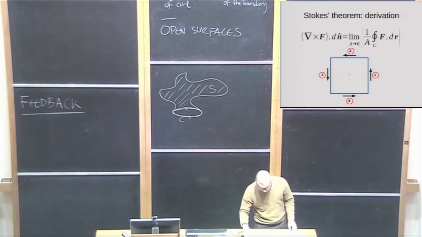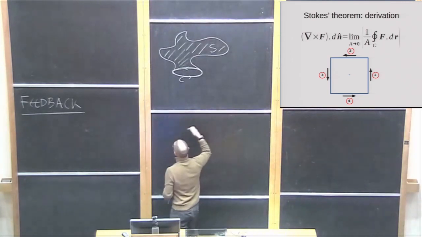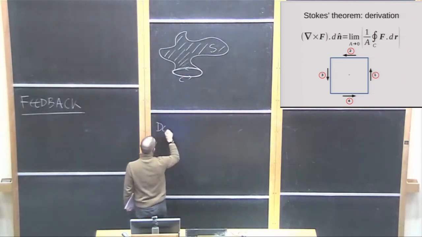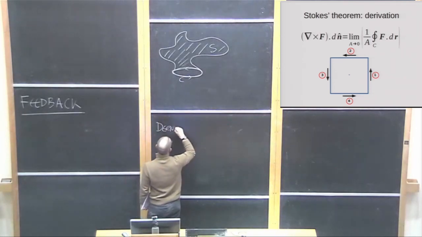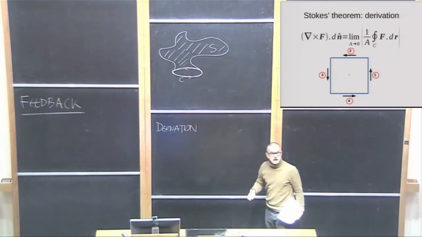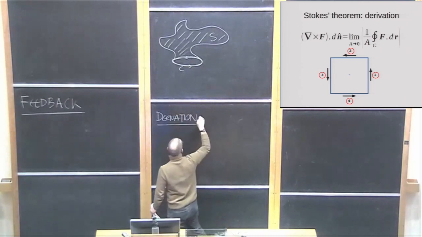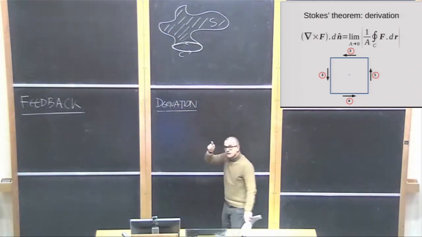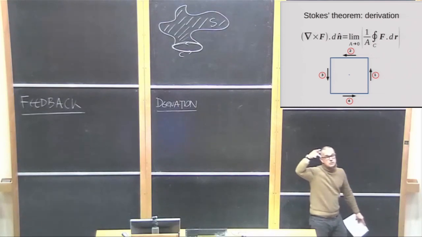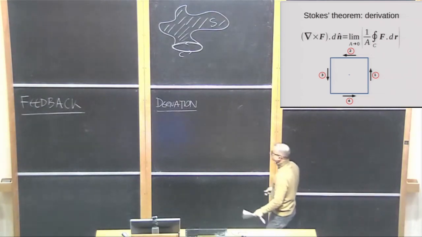Okay, so let's do a quick derivation of Stokes' theorem. What we're actually doing here is more or less a derivation of the curl. You'll recall when I did the lecture on the curl, I kind of skipped the derivation of it. What we're going to do now is the derivation of one of the three components of the curl, and we're going to see how that leads us to understand Stokes' theorem.